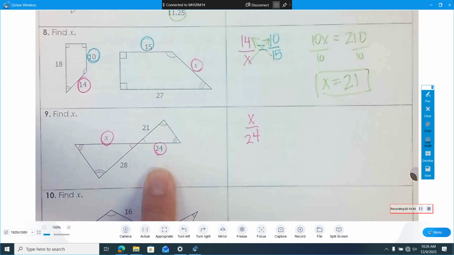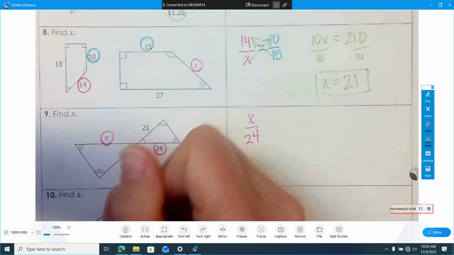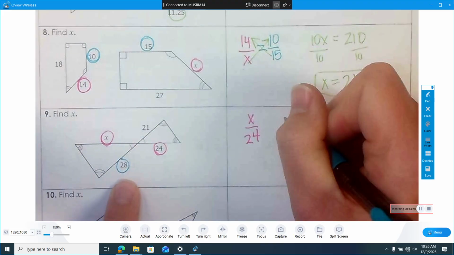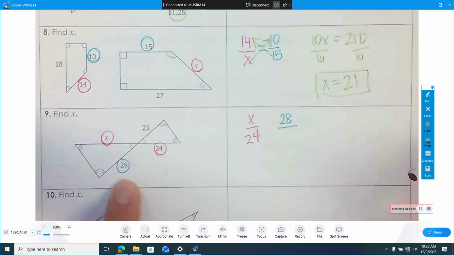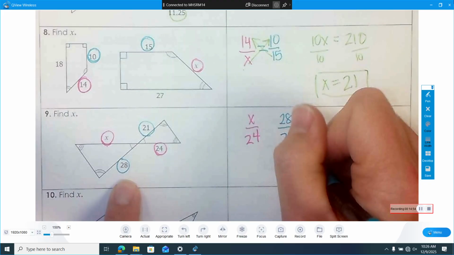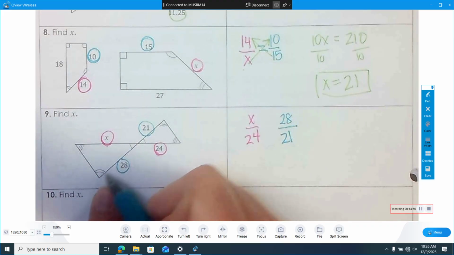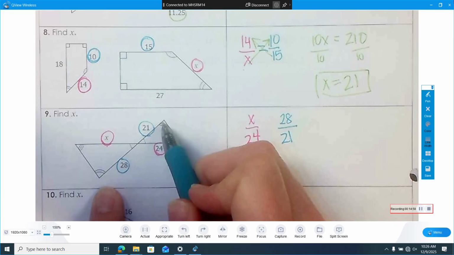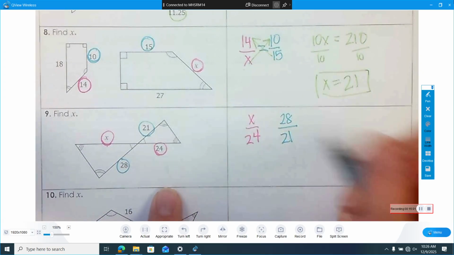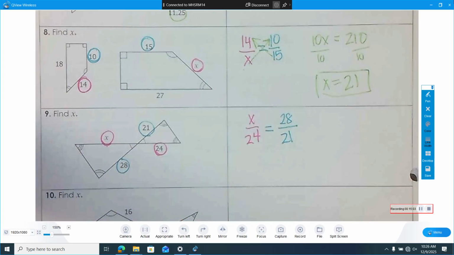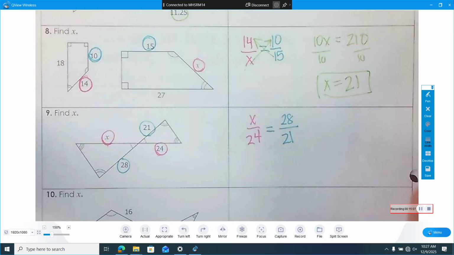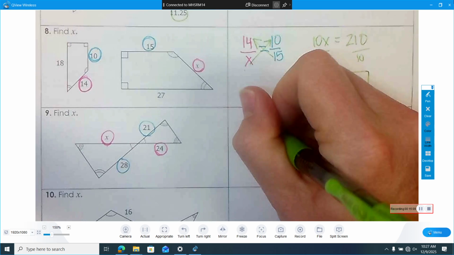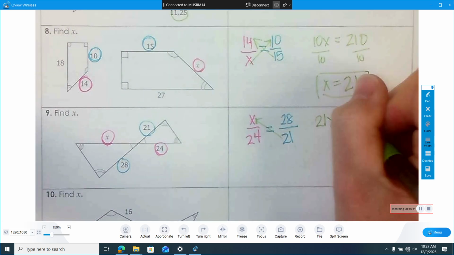All right. So then, let's see, I started with X. So 28 corresponds with 21. And again, 28 has a single and a double arc mark, and 21 also has a single and a double arc mark. So that's our setup. Pretty easy. And we can cross multiply. 21 times x is 21x.